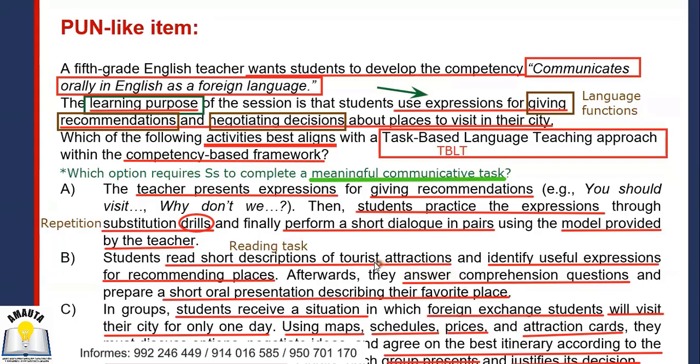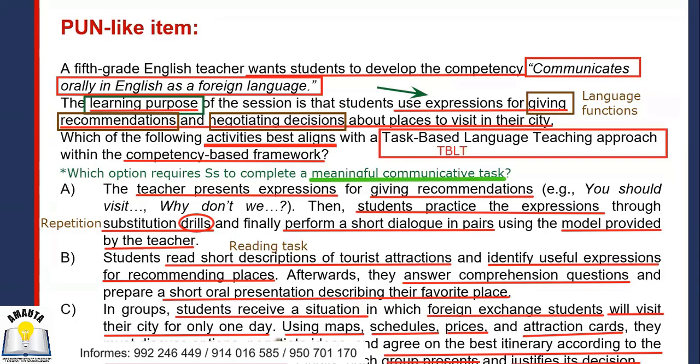Do these tasks promote a communicative outcome? The outcome here is the short oral presentation, but remember that to be communicative, we need interaction between peers, between students. Do you think that in an oral presentation, students interact with each other? Think about it.